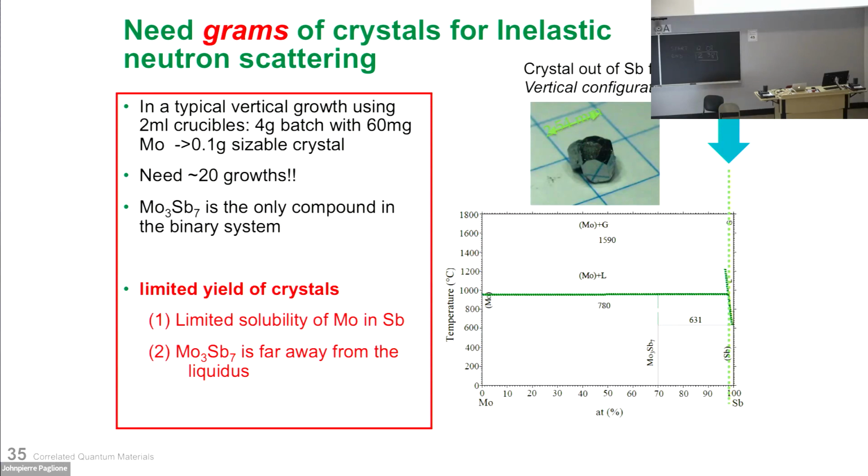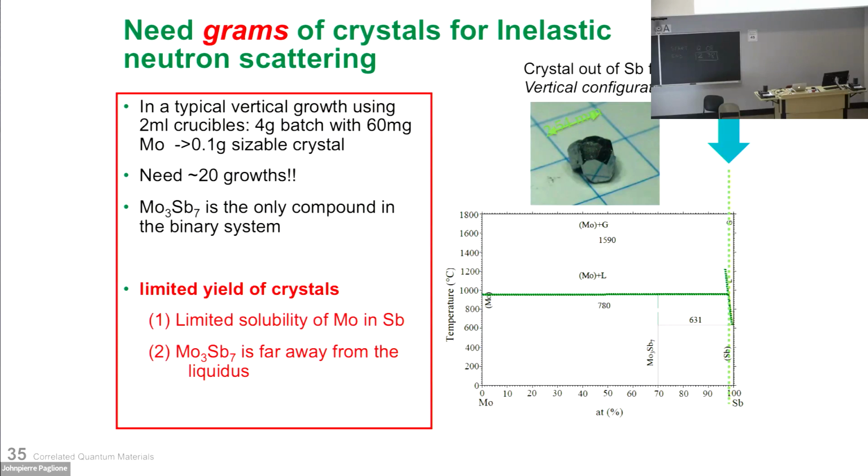And here's a picture. This is a tenth of an inch grid, and this is one of the crystals that was grown using the normal vertical growth configuration. But it's still not enough mass. So you have to align a lot of these crystals to do so. Here's the phase diagram.